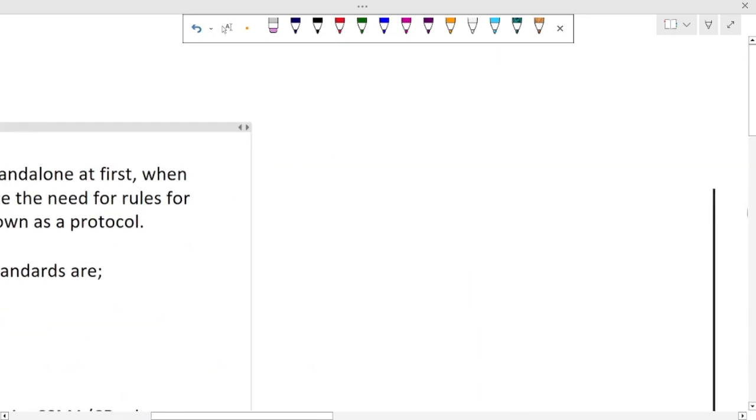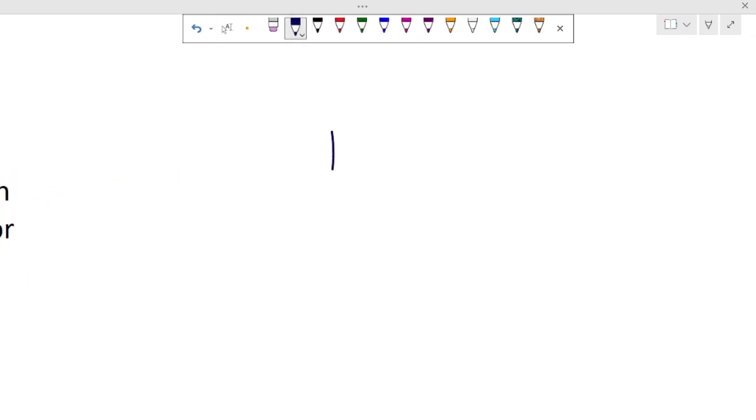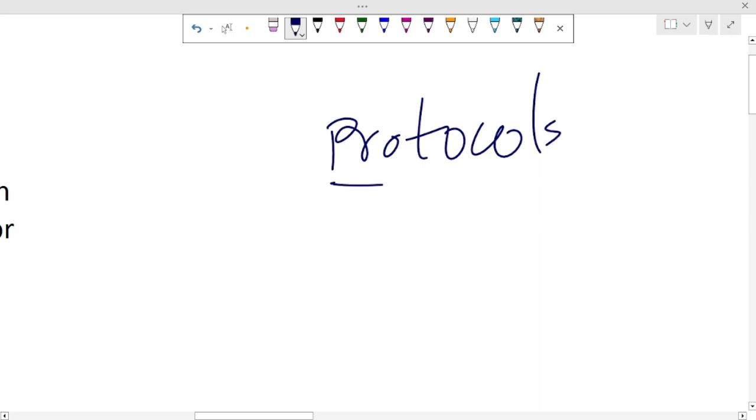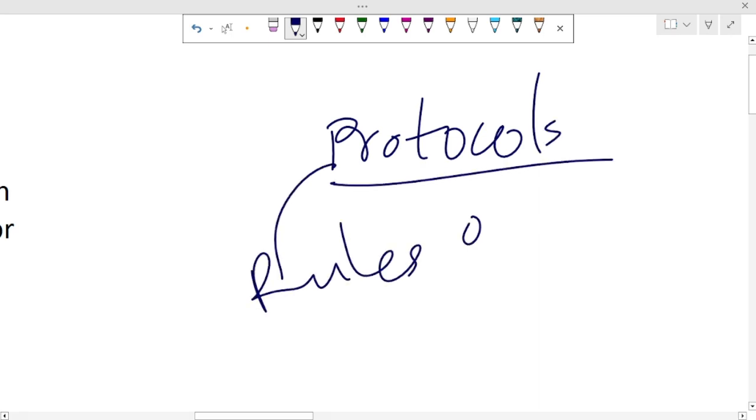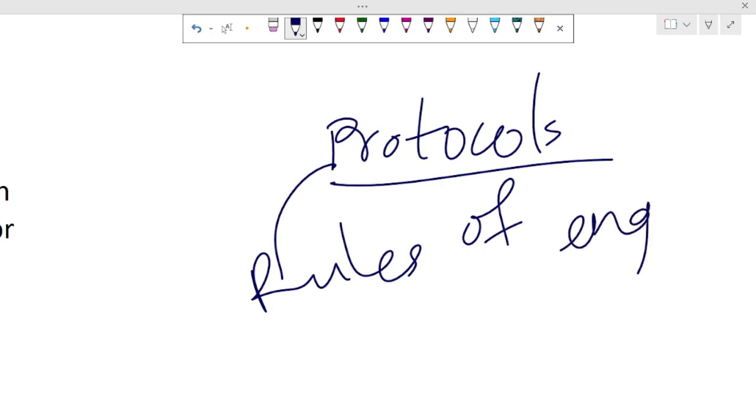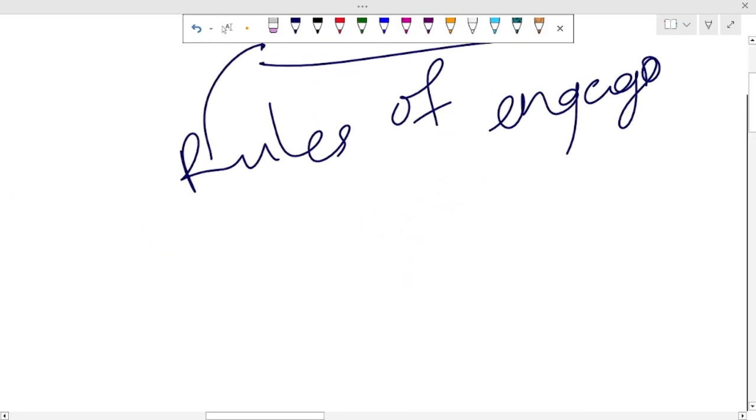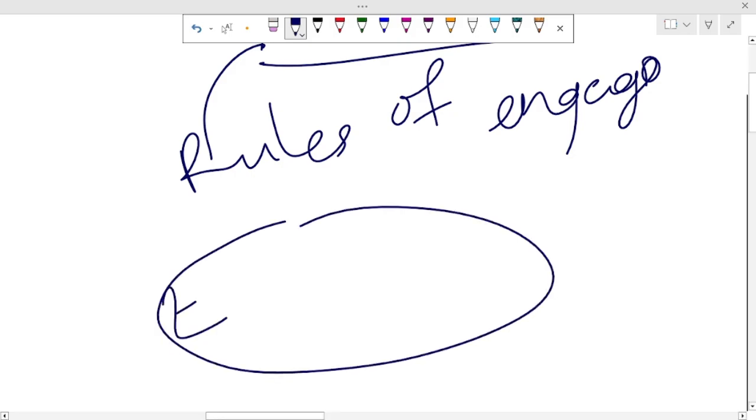What we're talking about is protocols, right? These are the rules of engagement. One set of these rules for engagement is called Ethernet.